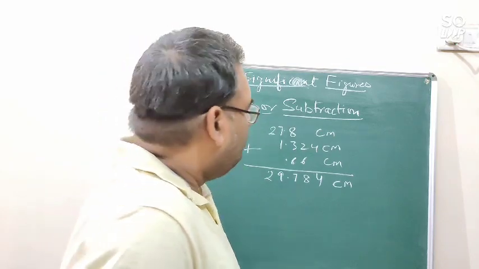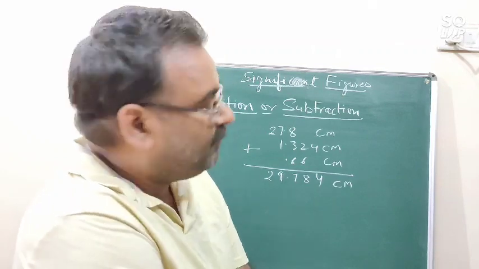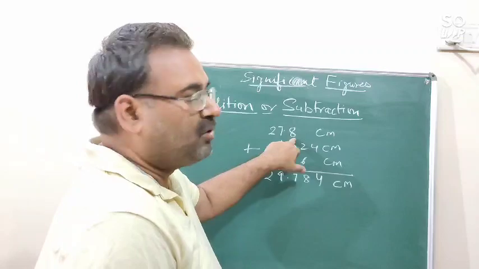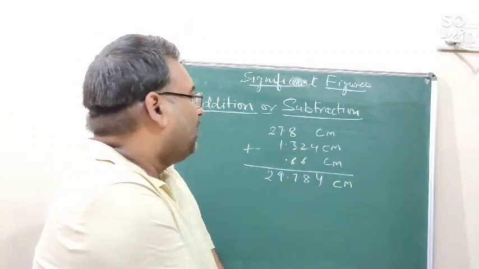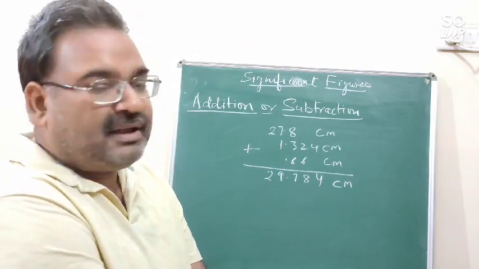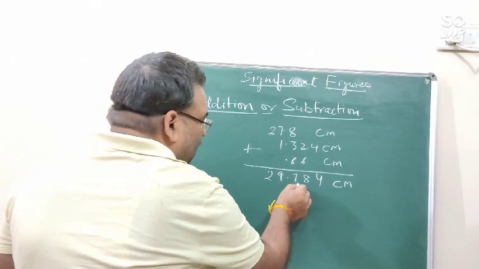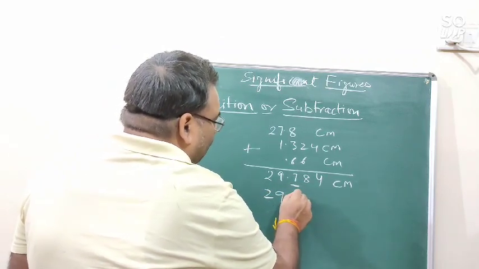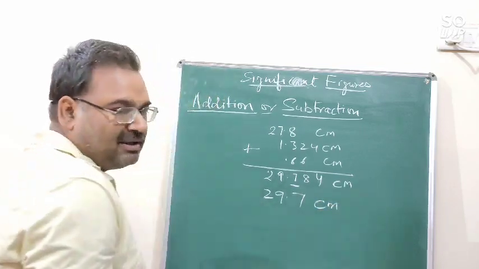So the least accuracy is 0.8, 1 place of decimal. We don't know what is after 8. So we will round off this number to 1 place of decimal. The result will be only 29.7 centimeter. Is it clear?